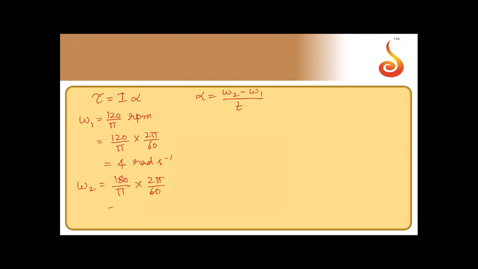So that turns out to be 6 radian per second. So if we substitute for alpha, what do we get? 6 minus 4 divided by time taken is 30 seconds. So that will be 2 by 30, that is 1 by 15 radian per second square. Now torque is I into alpha.